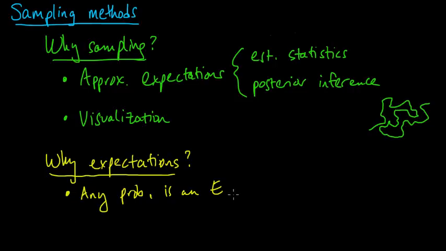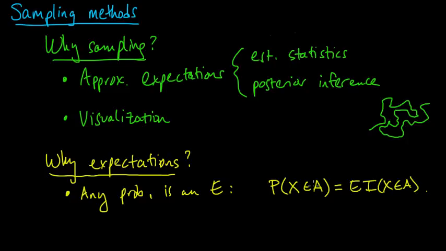And why is that? That's just because if we have the probability that some random variable x is in a set A, we can write it as the expected value of the indicator function that x is in that set.